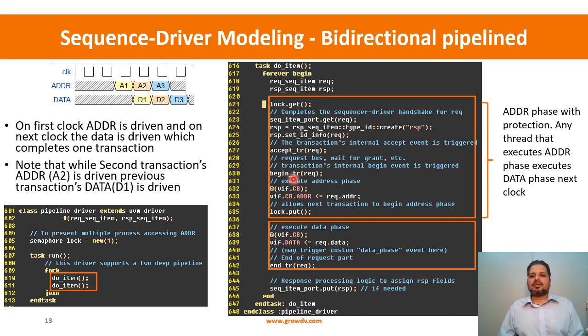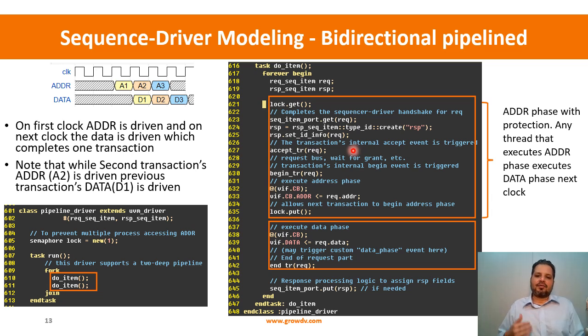And then there are a bunch of additional APIs. I'm just calling them over here to demonstrate that these exist and can be utilized. So you can call accept transaction. What happens is that when you do this, the transaction internally has a few built-in events, and those events actually get triggered, and those events can be used on the sequence side.